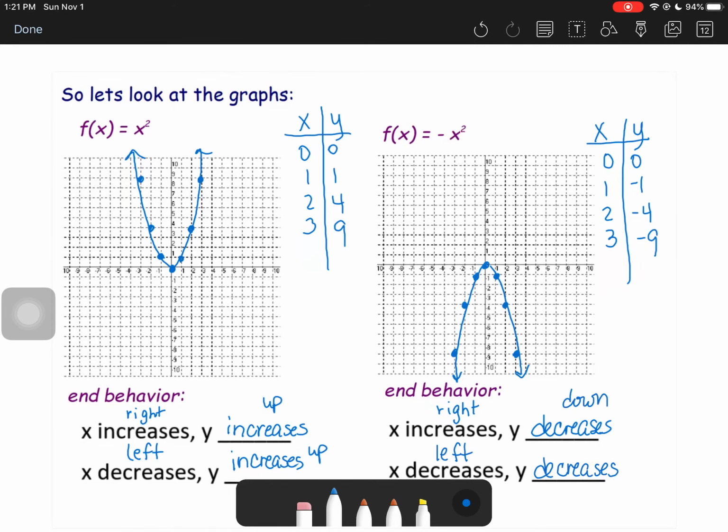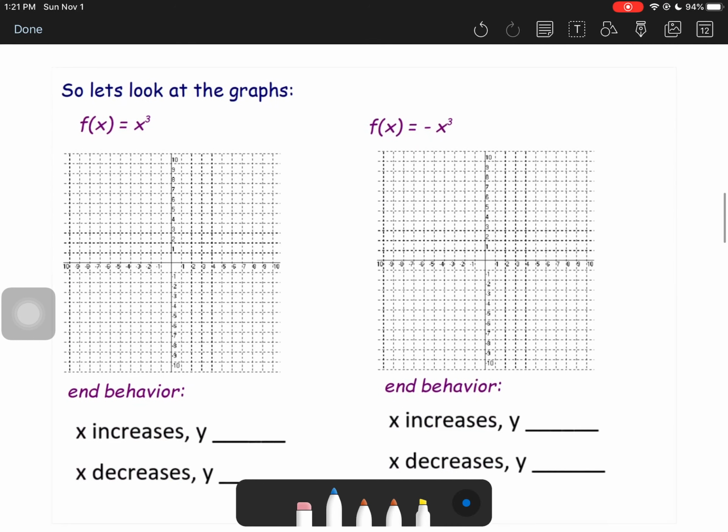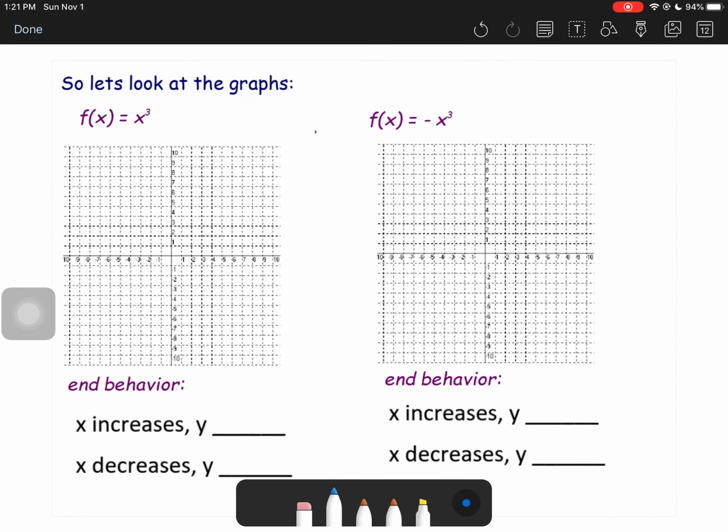It's pointing down. So what happens if we have a cubic function? All right, so let's make a table for our cubic function. We'll do -2, -1, 0, 1, and 2. When we cube -2, we get -8.